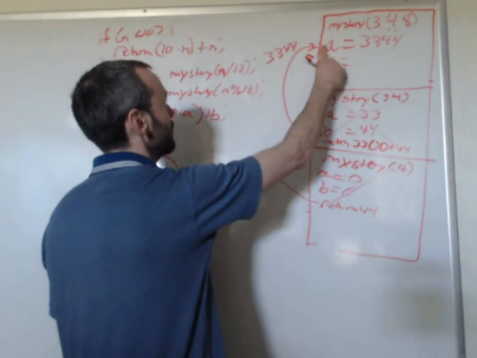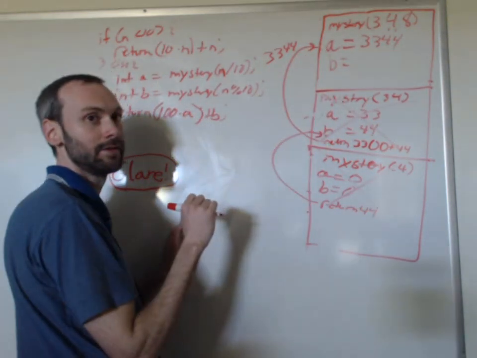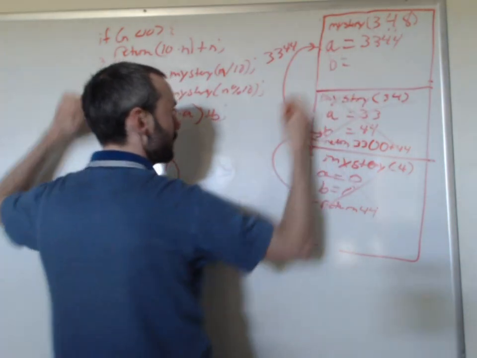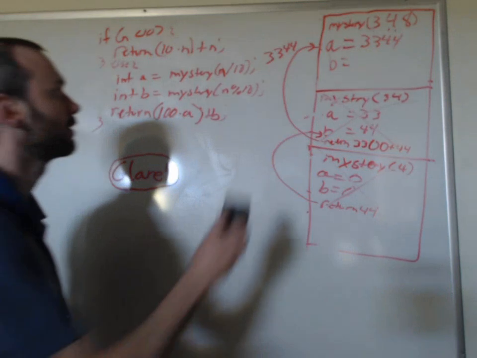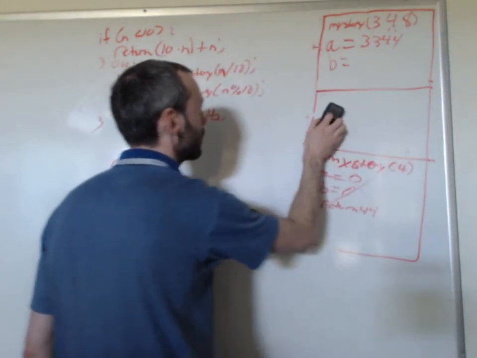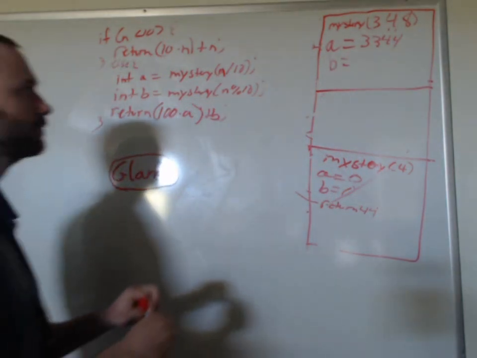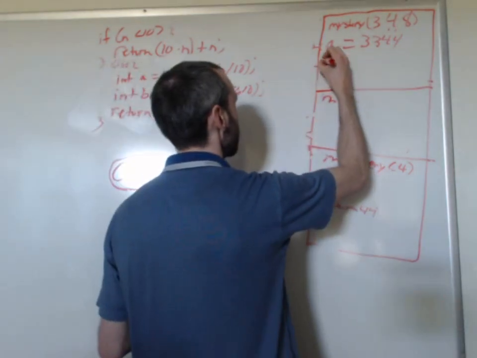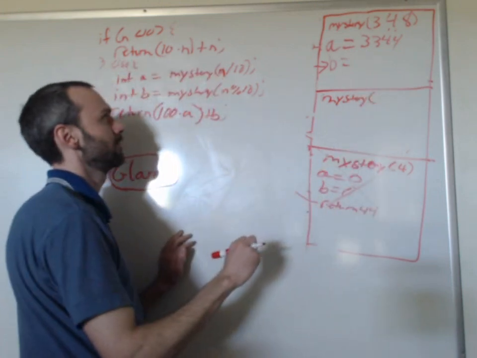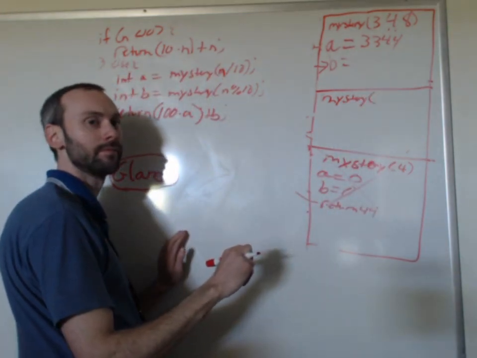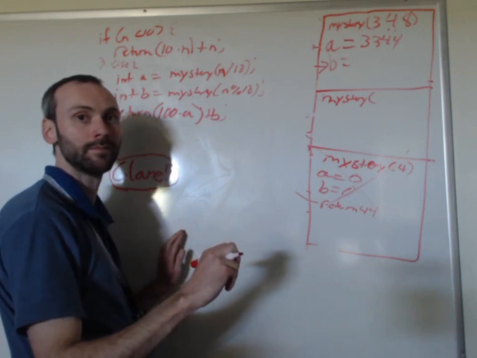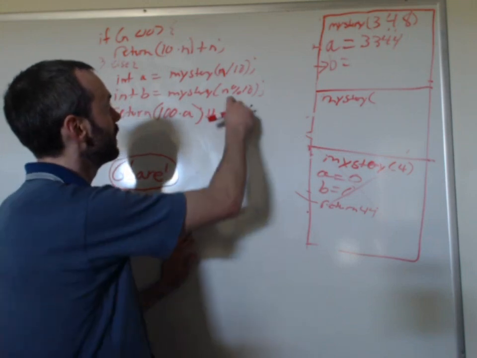So we just executed A right here. What do we do next? B. And what's B calling? Mystery. All right, so we need to do another call. This is a mystery of what? n mod 10.